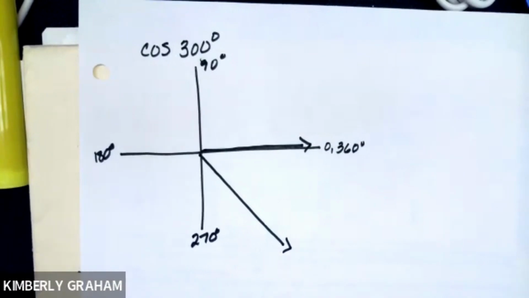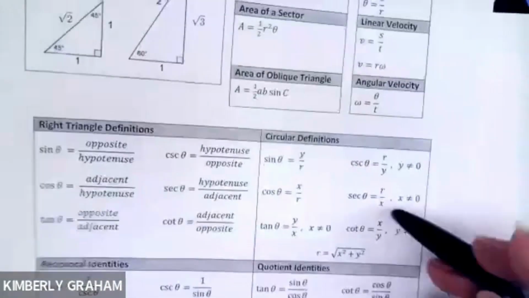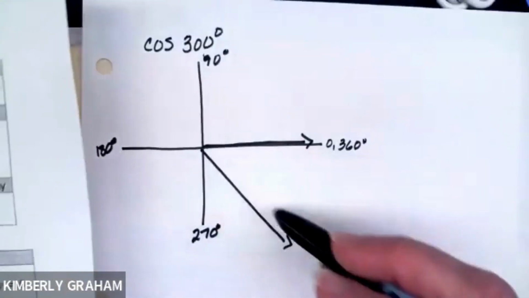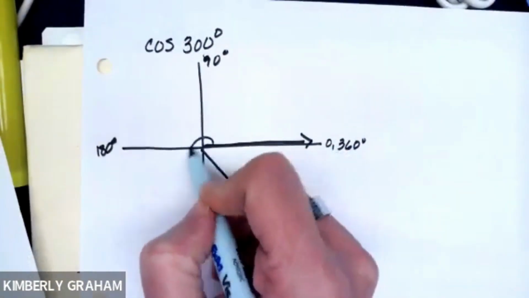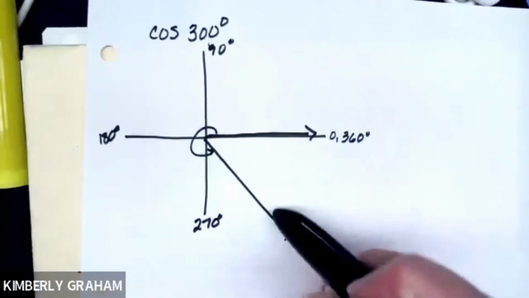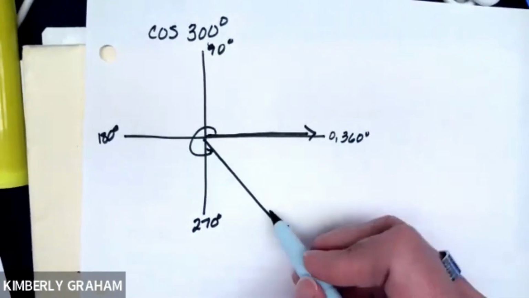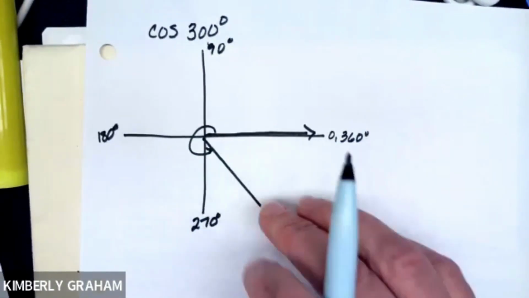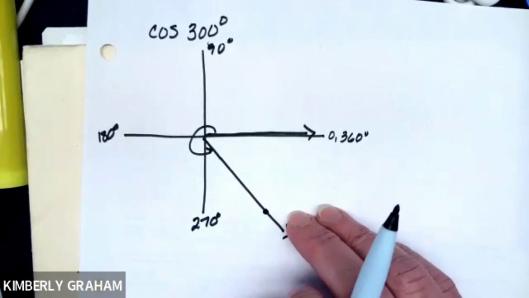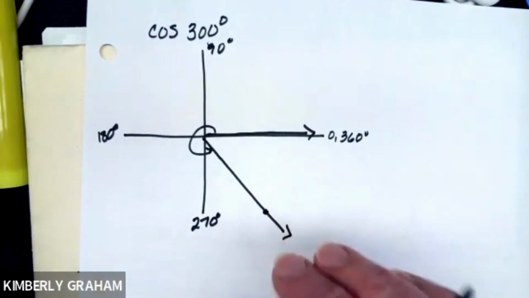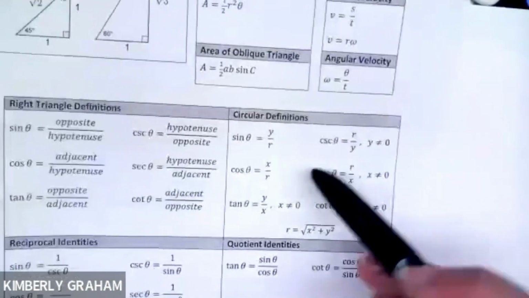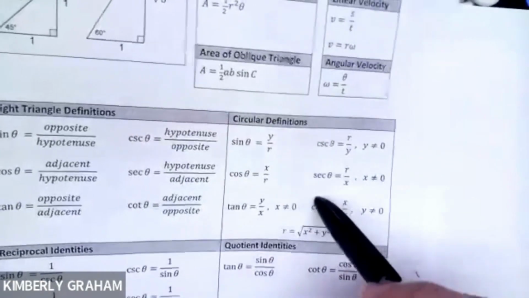By what I've learned so far, I know that if I can find a point on the terminal side of the angle, then I can use my circular definitions.